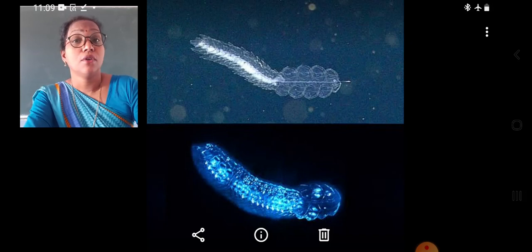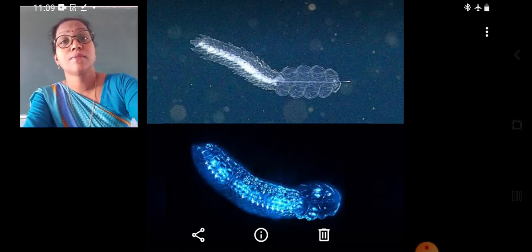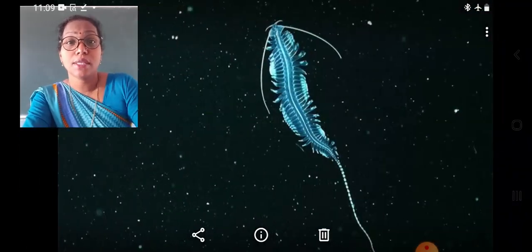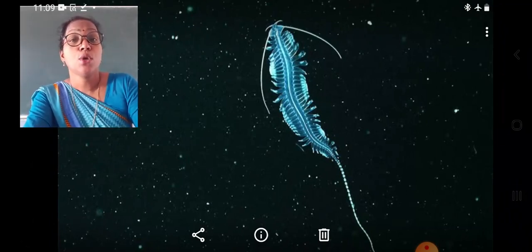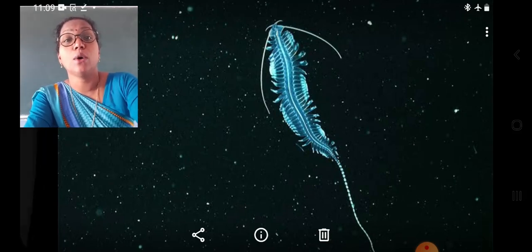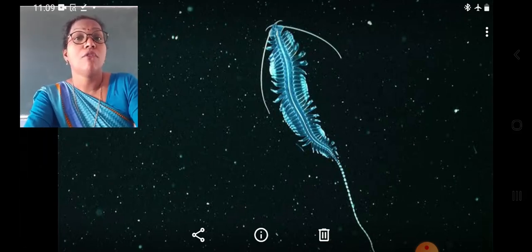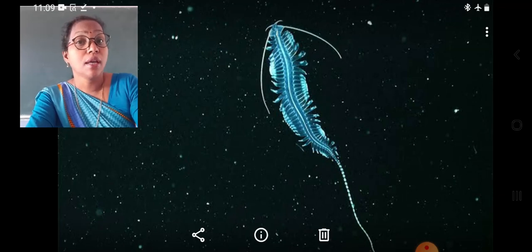In these regions, this production of light by deep sea organisms is known as bioluminescence. The organisms which do not have eyes have other adaptations in their bodies to locate organisms in the water, to escape from their enemies, and also to find their food in the dark regions.